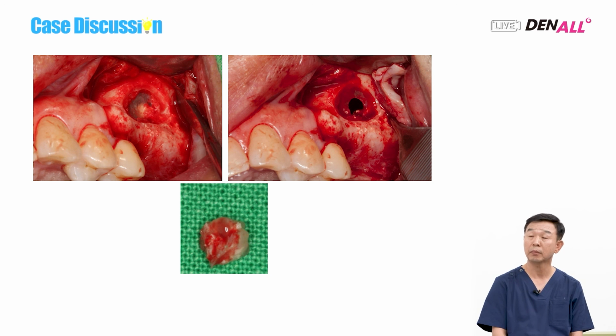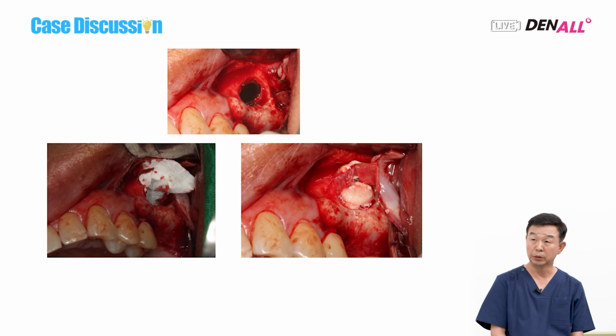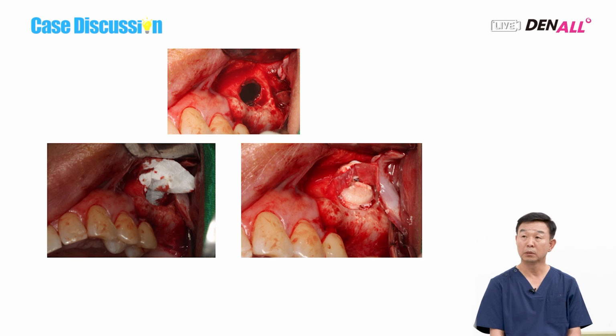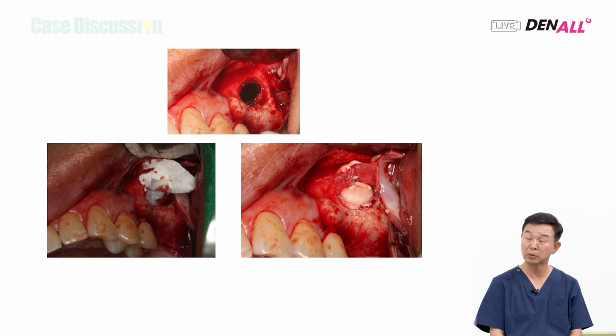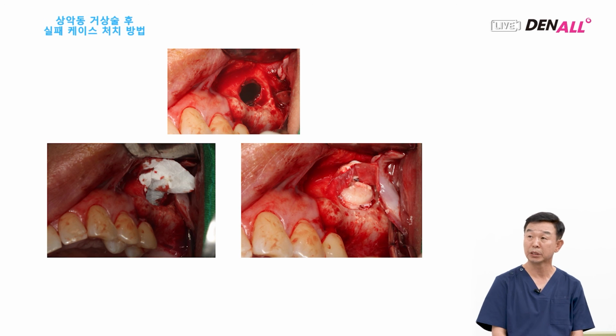For this, like the treatment for sinus membrane tearing, a resorbable membrane is used for repair. I use a rather stiff resorbable membrane in this case. If it is not stiff, the collagen is flabby, which cannot be fixed. So bone grafting is done.